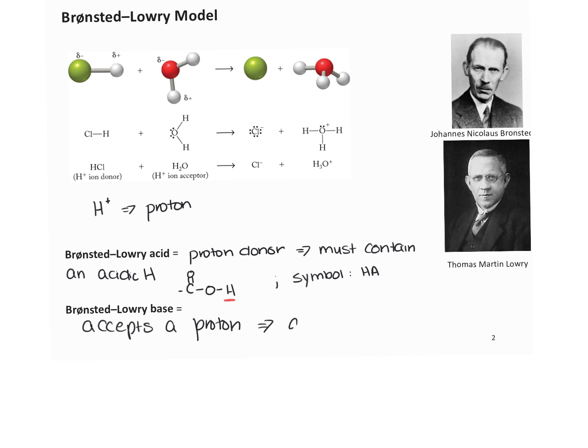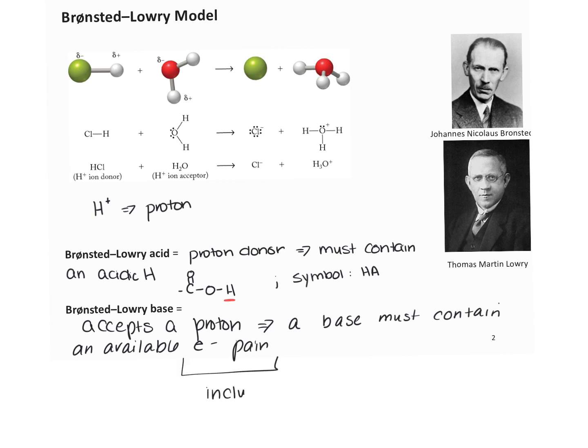Okay, so a base must contain an available electron pair. Now, when we talk about electron pairs here, these include lone pairs or electron pairs in pi bonds. And so that's what we see there.